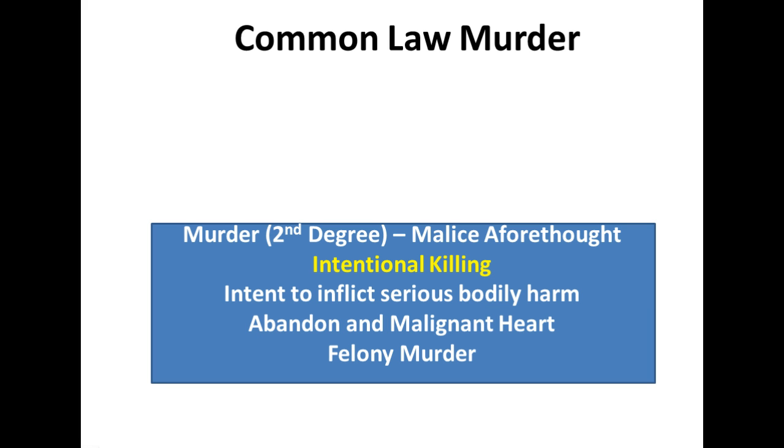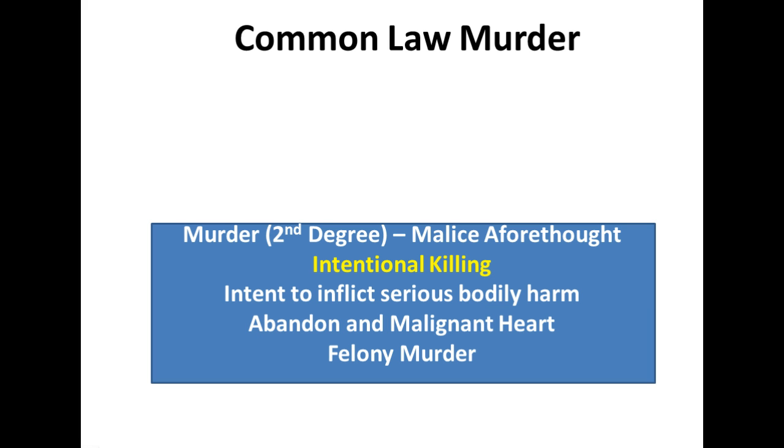And the degrees in murder only came about when Pennsylvania decided that it was only going to punish the most serious murders with death, and all others would require imprisonment. So old common law murder, this intentional killing, intent to inflict serious bodily harm, abandoned, malignant heart, felony murder, were then categorized as second-degree murder.